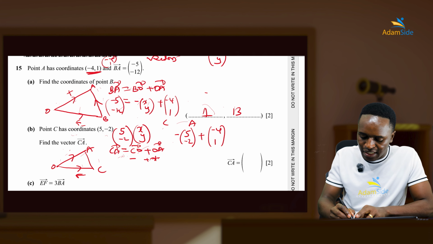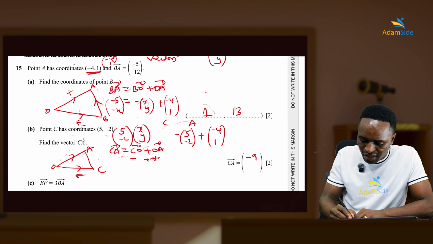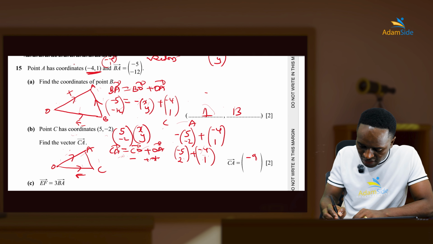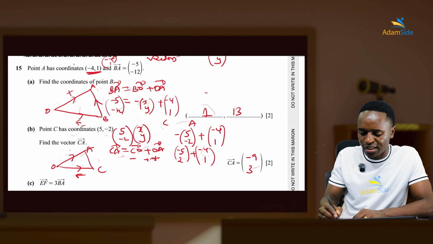It will be easy. So -5 plus -4, you get -9. -1 times -2, because here is -1 times 5, you get -5. Then -1 times -2, you get 2 plus 1. So -5 plus -4, you get -9. 2 plus 1 is 3. You get your answer correctly.